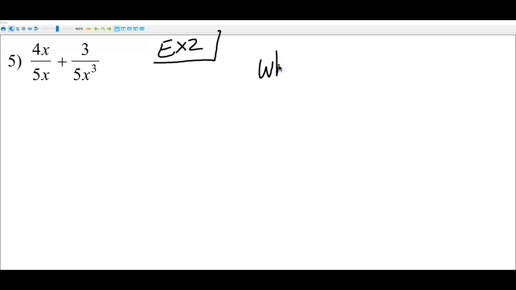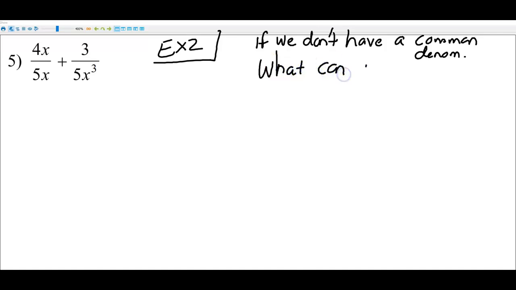Notice how we don't have a common denominator here. They're not the same, all right? So here's the question you want to ask. What can we multiply by to get them to match?